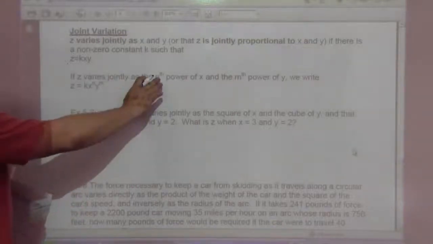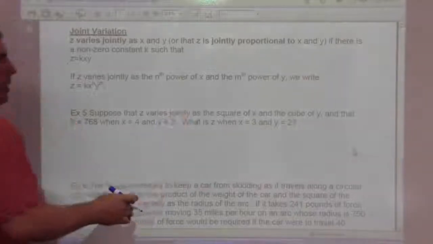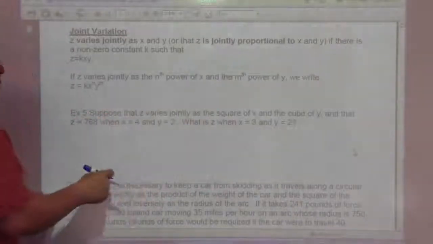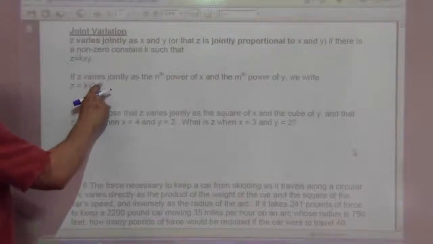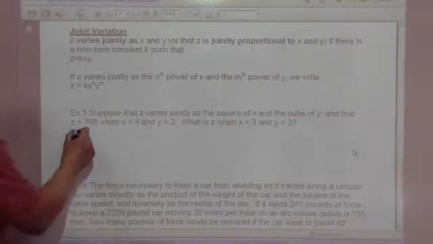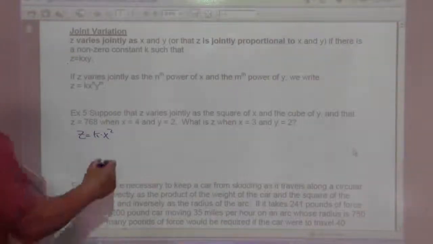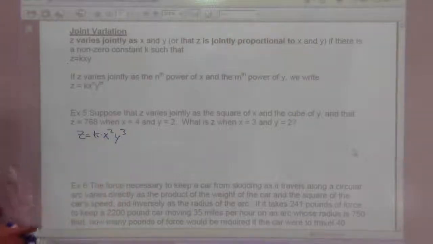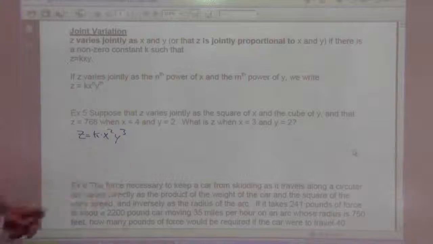If z varies jointly as the nth power of x and the mth power of y, we write z equals k x to the n and y to the m. Suppose z varies jointly as the square of x and the cube of y. There's our basic setup. And that z is 768 when x is 4 and y is 2.